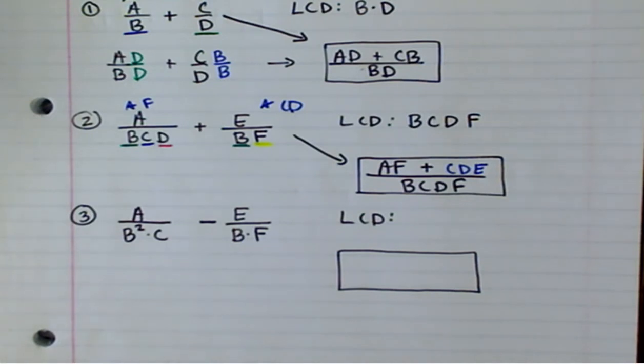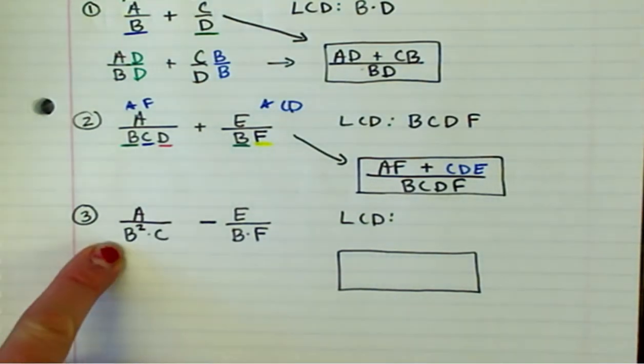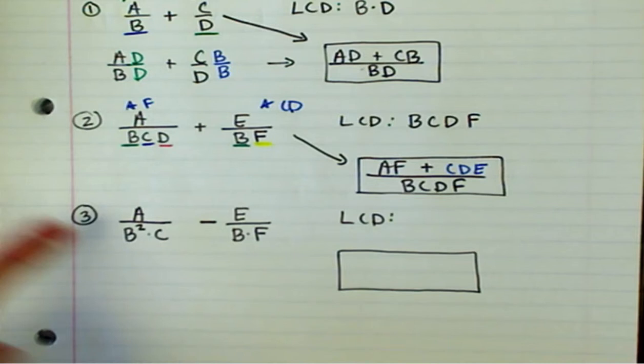Okay, how many factors do you have in the first denominator? How many total factors? There's 3. B, B, and C. I actually have 3 factors here. I know it's repeated, but you have to consider that there are 3 factors.